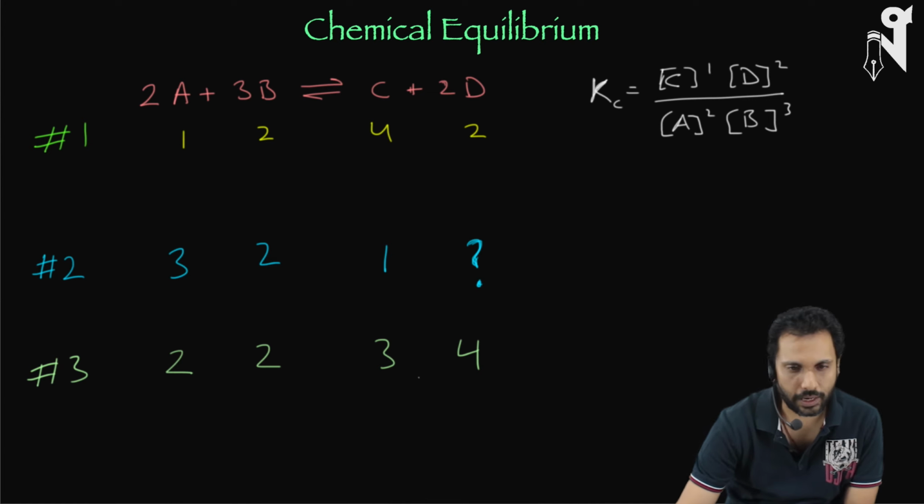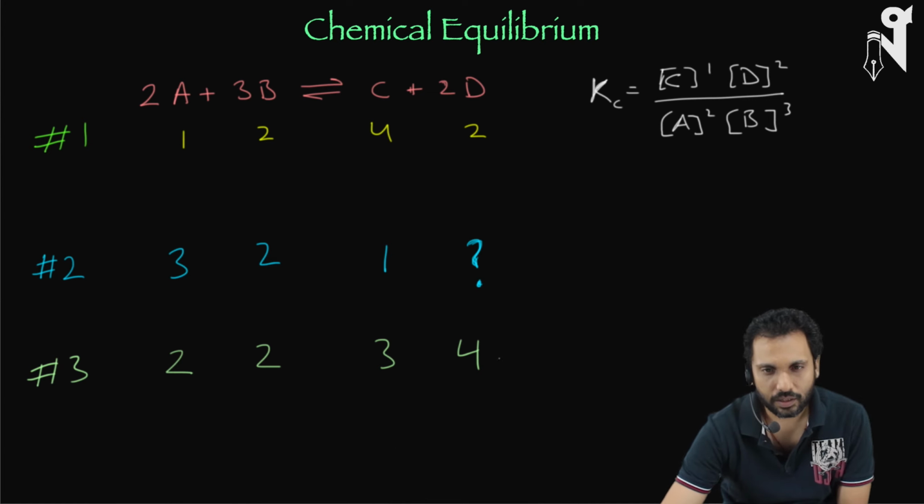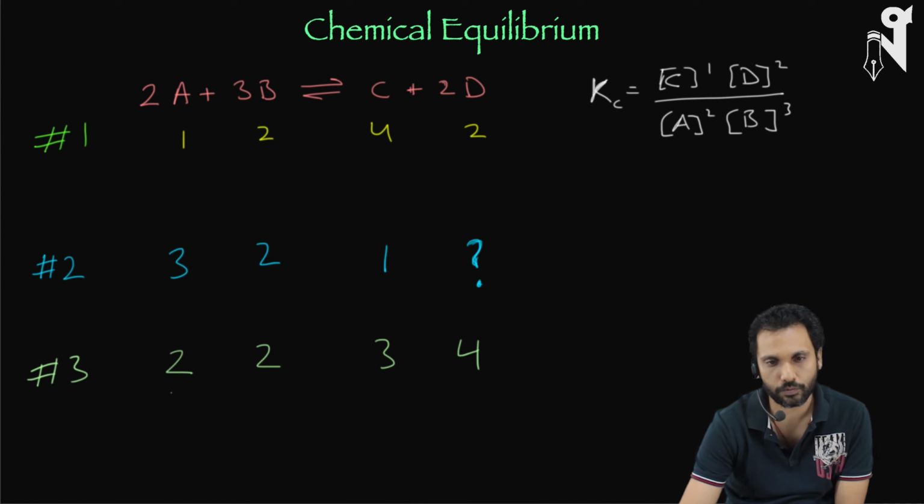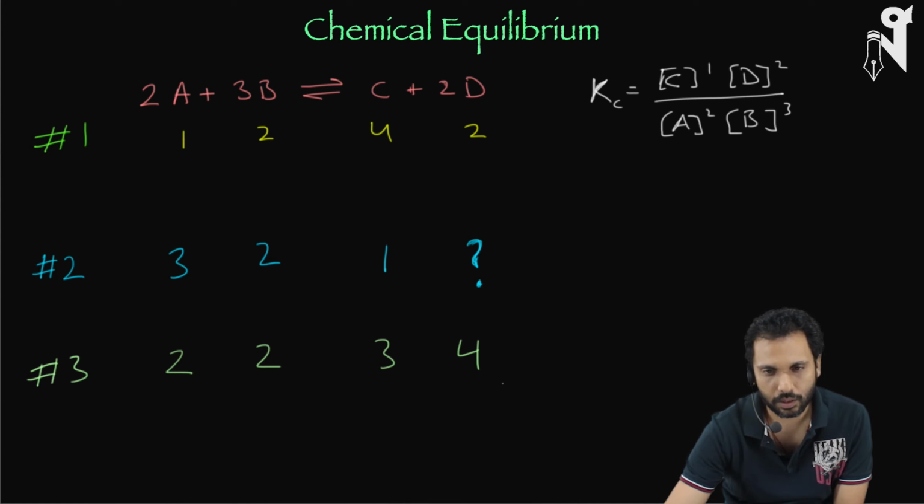So I hope you have analyzed and done it. Again, if we do this calculation blindly, assuming that 2, 2, 3, 4 is an equilibrium situation, what do we get for a Kc? I'm not going to write it as Kc, I'm going to write it as something else.